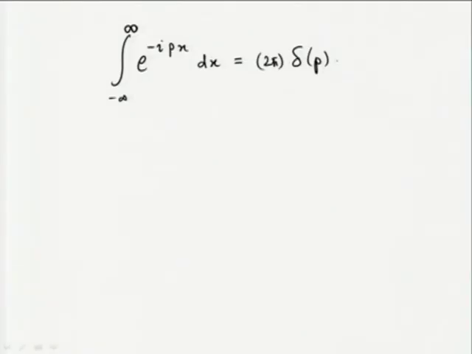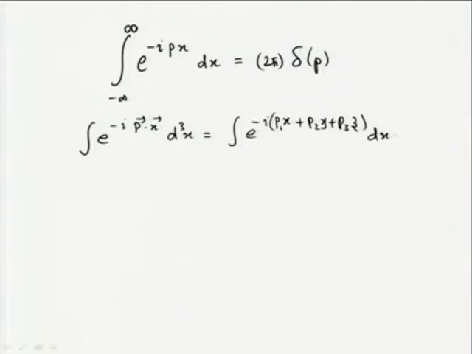Now, if I have more than one variable, say in the 3 dimensional case, I can write e to the power minus i p·x d³x as exponential minus i (p₁x + p₂y + p₃z) dx dy dz.